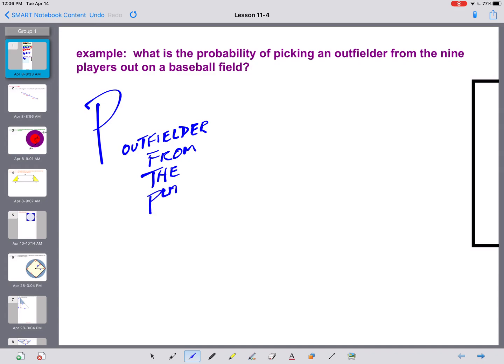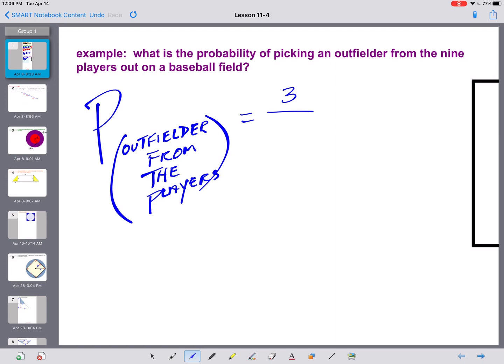On top, the number of ways you could be successful: how many players are outfielders? There are 3 players that are outfielders.